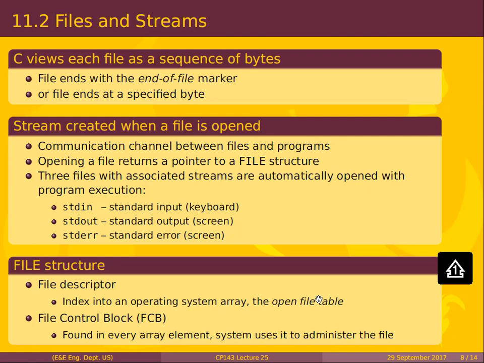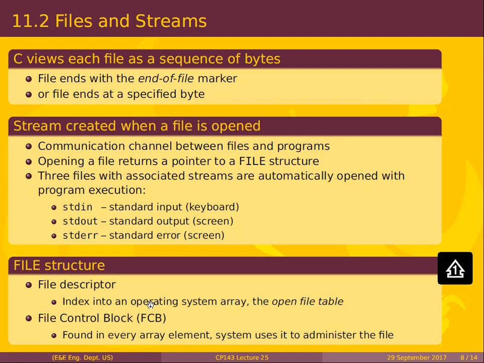And this open file table essentially controls another thing called the file control block. This file control block is used to control how the file works and when you access the file, for example.